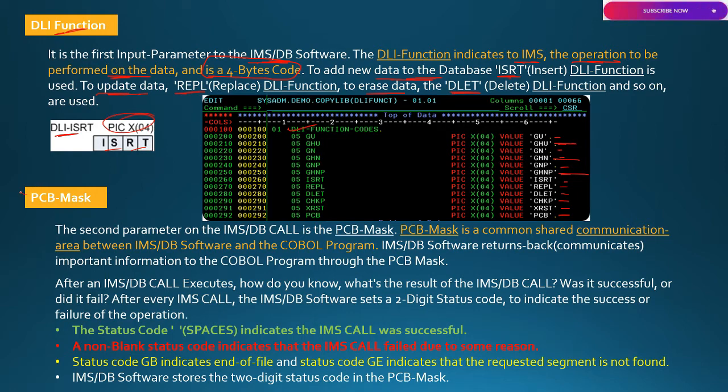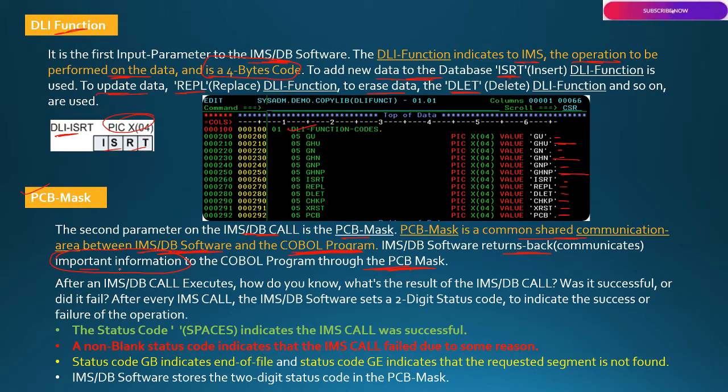The next parameter is the PCB mask. The second parameter on the IMS DB call is the PCB mask. It is a common shared communication area between the IMS DB software and the COBOL program. The IMS DB software returns important information to the COBOL program through the PCB mask.